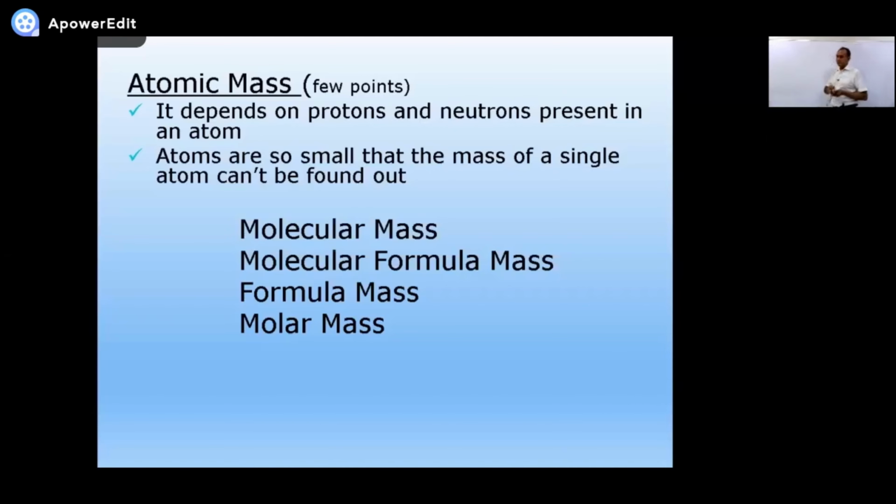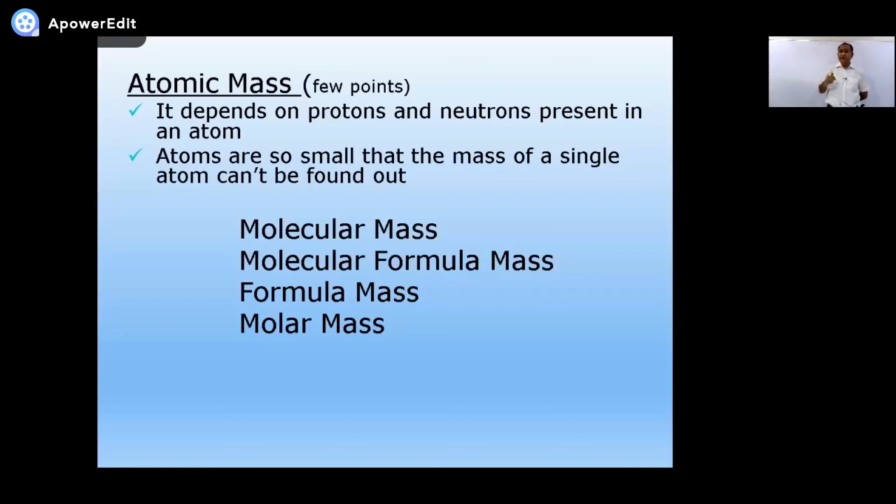Now, as I told you, atoms are very, very small, so small that it is not practically possible to find out the mass of a single atom. We want to find the mass of a single atom. What is the way here? We use weighing scales, like a balance.